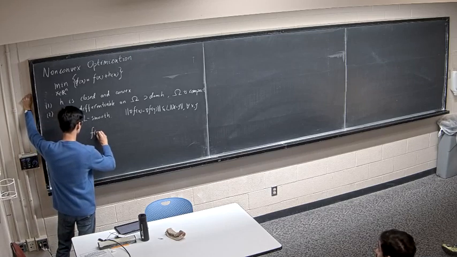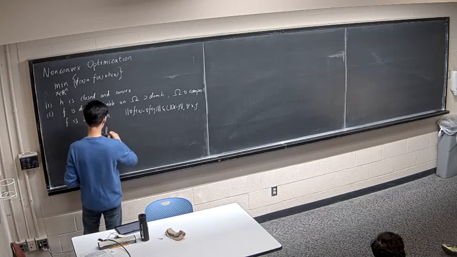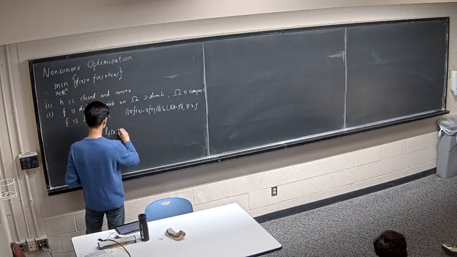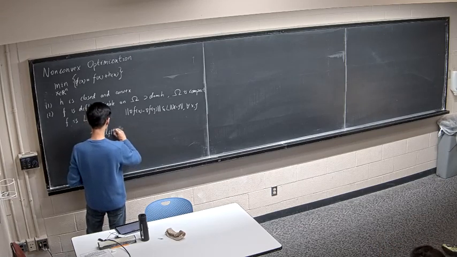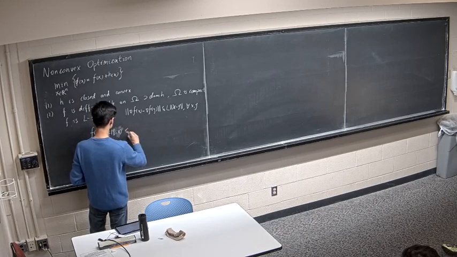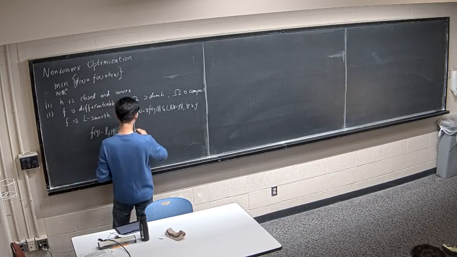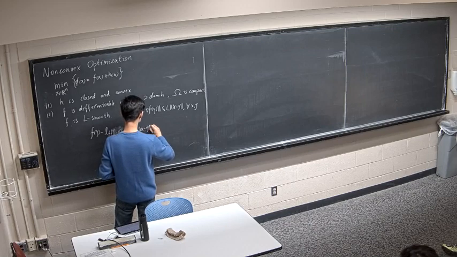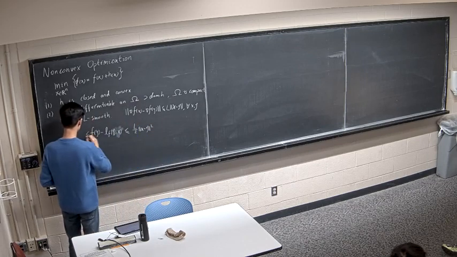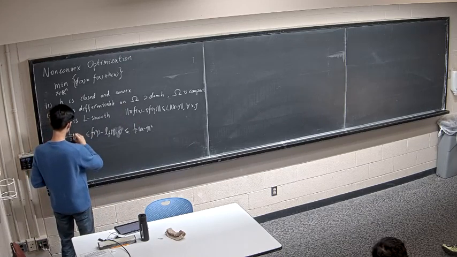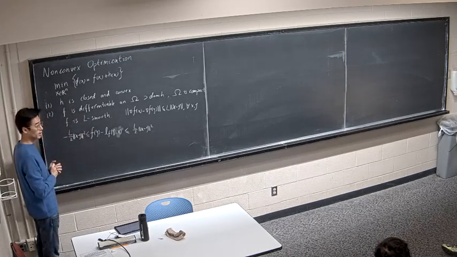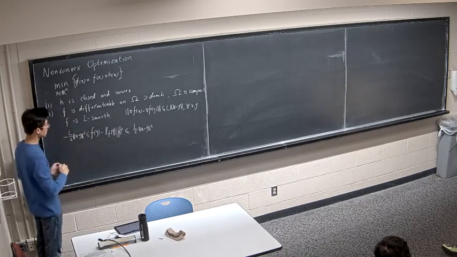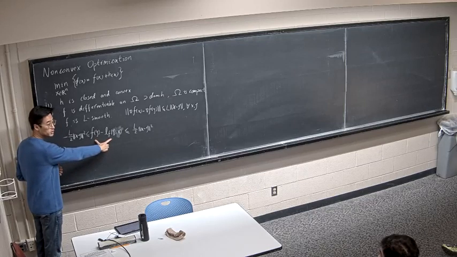So f of y minus its linearization. We can actually have both a lower bound and an upper bound for this Bregman divergence, right?